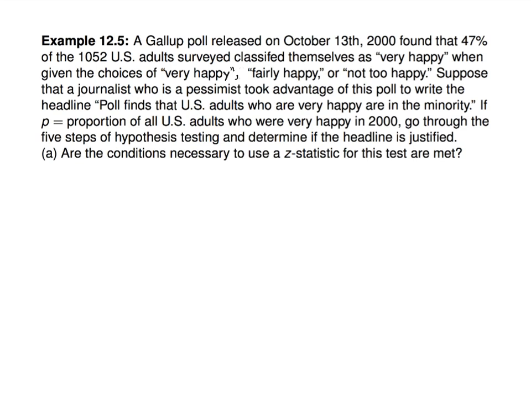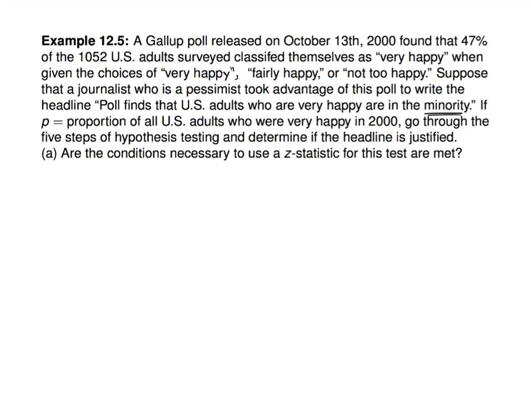A Gallup poll released on October 13th, 2000 found that 47% of the 1,052 U.S. adults surveyed classified themselves as very happy when given the choices of very happy, fairly happy, or not too happy. Suppose that a journalist who's a pessimist took advantage of this poll to write the following headline: Poll finds that U.S. adults who are very happy are in the minority, because technically you're in the minority if you're below 50%.